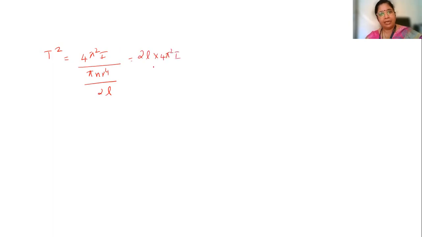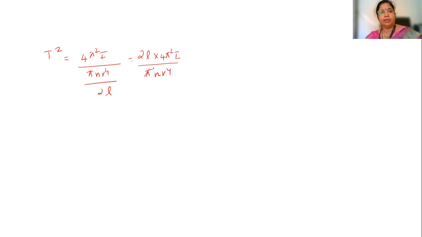So I shall now have T square is equal to 4 pi square I divided by pi n r power 4 divided by 2l. So what will you have here? This 2l will go on top. You will have 2l into 4 pi square I divided by pi n r power 4.